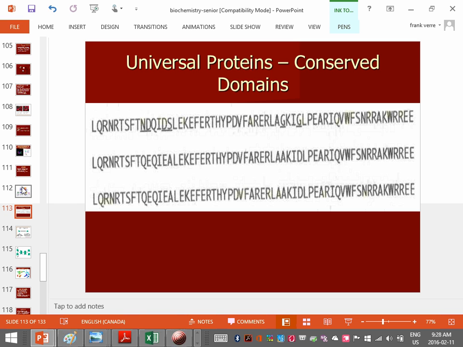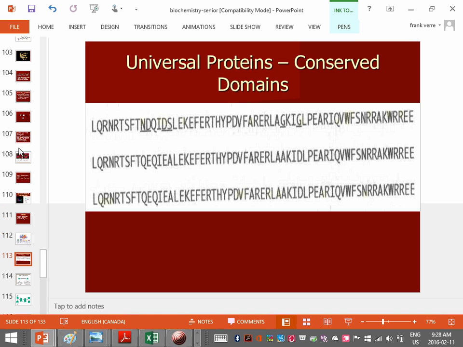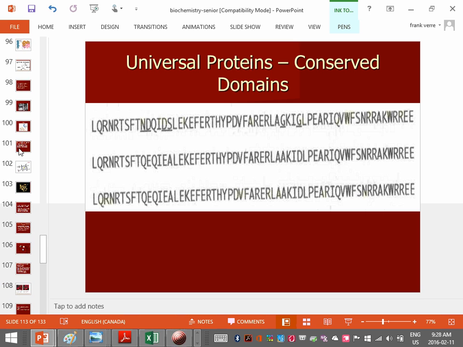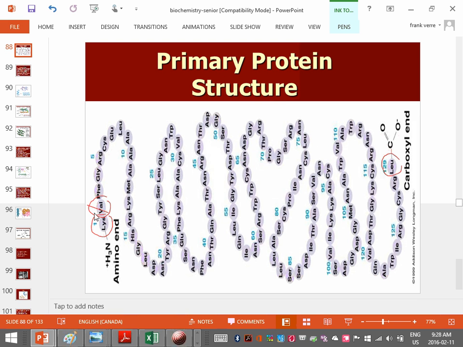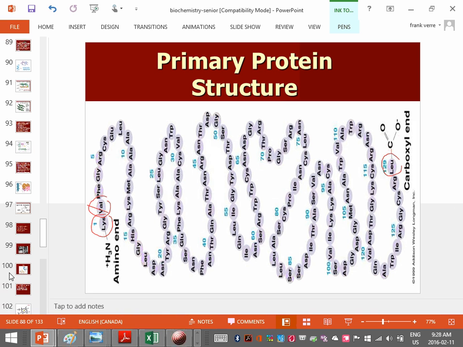The letters represent amino acids. So L is one amino acid. Q is a different one. If you remember, before, I showed you a list of amino acids, but the list was made up of three letters, right? So like GLY is glycine.